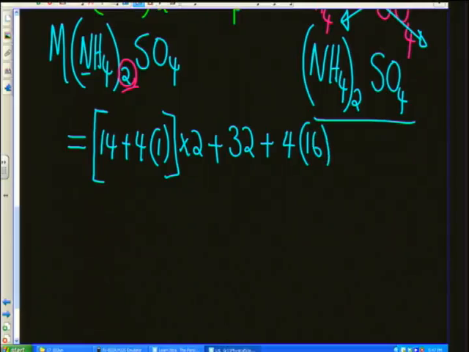Then I would work this out. 14 plus 4 is 18. 18 times 2 is 36. 36 plus 32 is 68, plus 4 times 16.